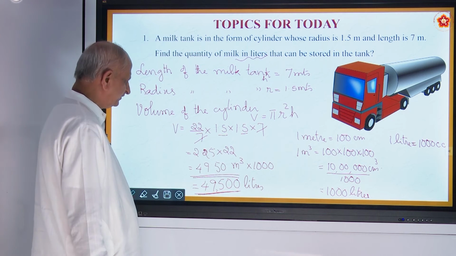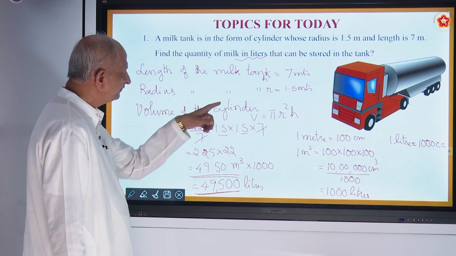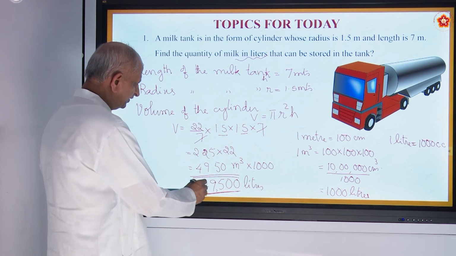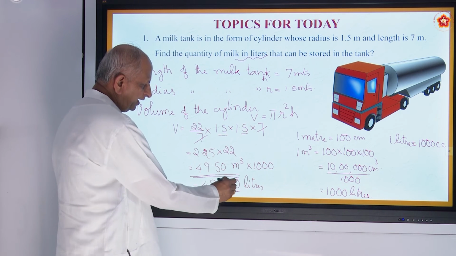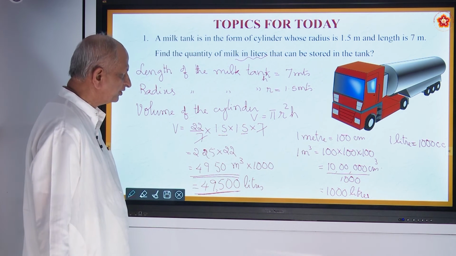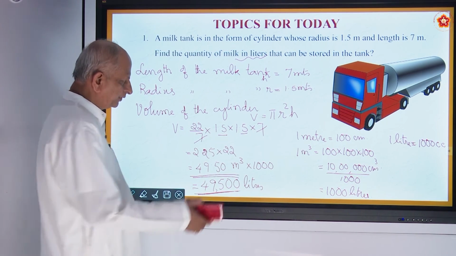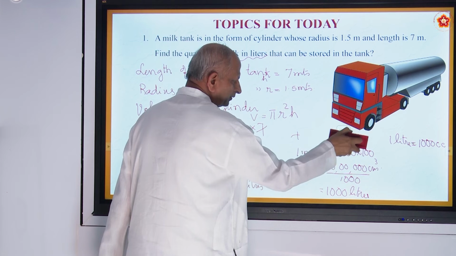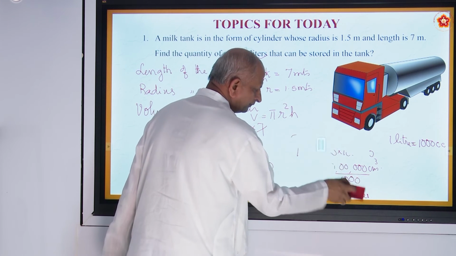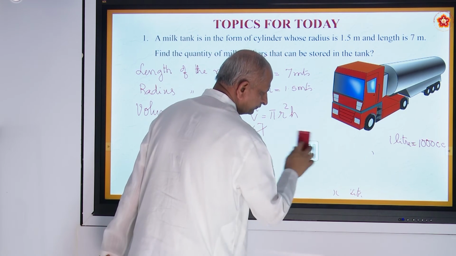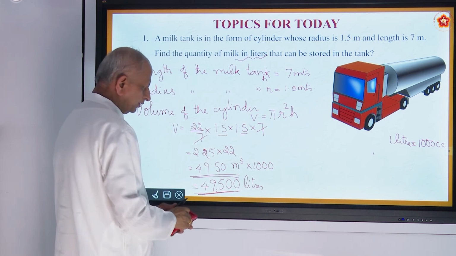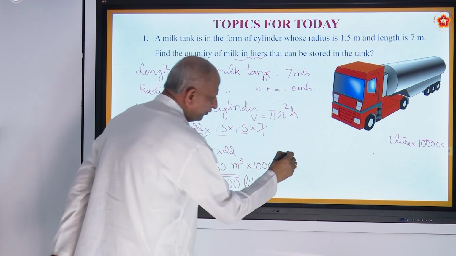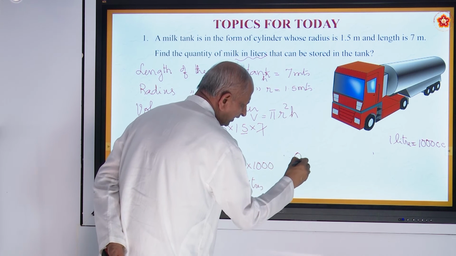So the final answer is, find the quantity of milk in liters. The answer is 49,500 liters. Okay, that is the answer you have to write. So you have to answer the question given. Therefore, the quantity of milk is 49,500 liters.